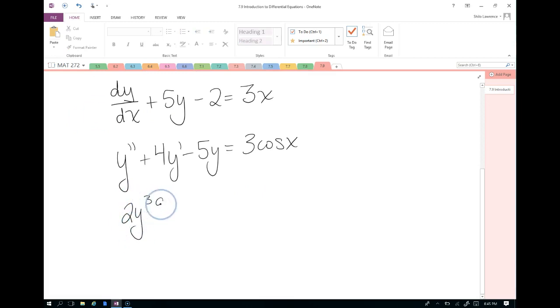Two y cubed dy dx minus 3x squared y equals 5x. There's no rules about the x's and the y's. When just deciding if we have a differential equation, all we're looking for is that we have an equation that contains a derivative. And that makes it a differential equation.